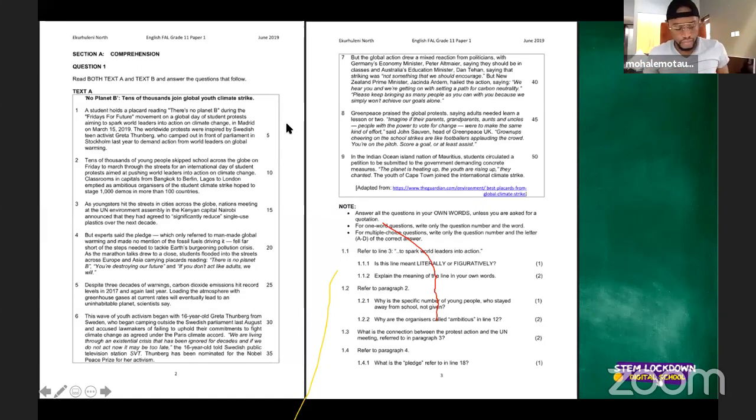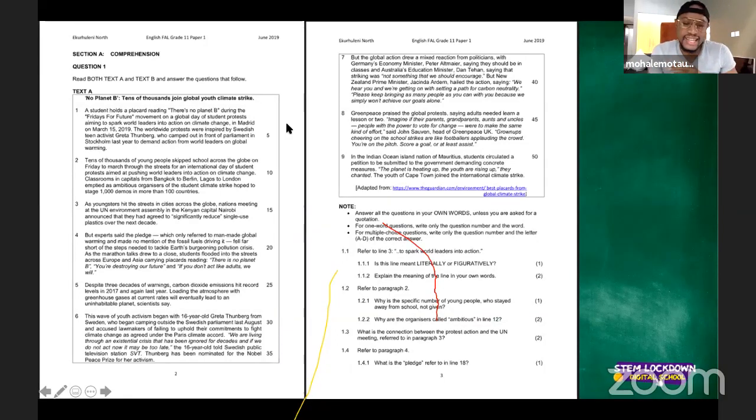Now, we do know that, let me see, paragraph 3. So the connection between the UN and the protest action, we know that the people who were running this international strike were hoping to get some sort of response from the UN to help them reduce the single-use plastics over the next decade. So now the question says, what is the connection?